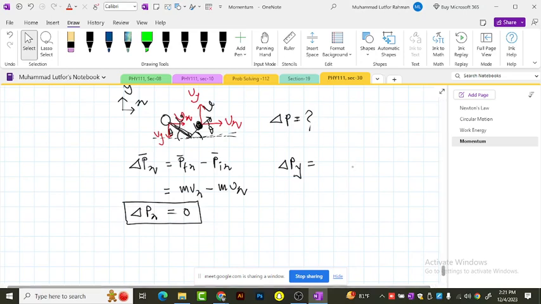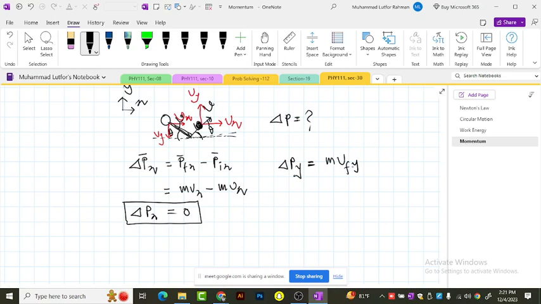Alright, now what about along the y direction? It should be mvfy, the final momentum along the y direction, minus mviy. Now for this mvy I can simply write the y component of the final velocity, vy, minus mviy, which would also be minus mvy, because look, the magnitudes are equal.